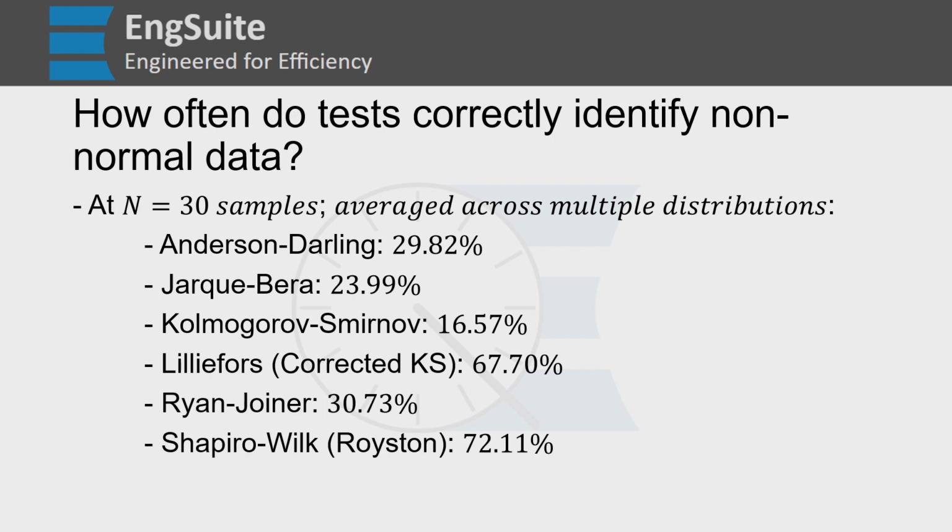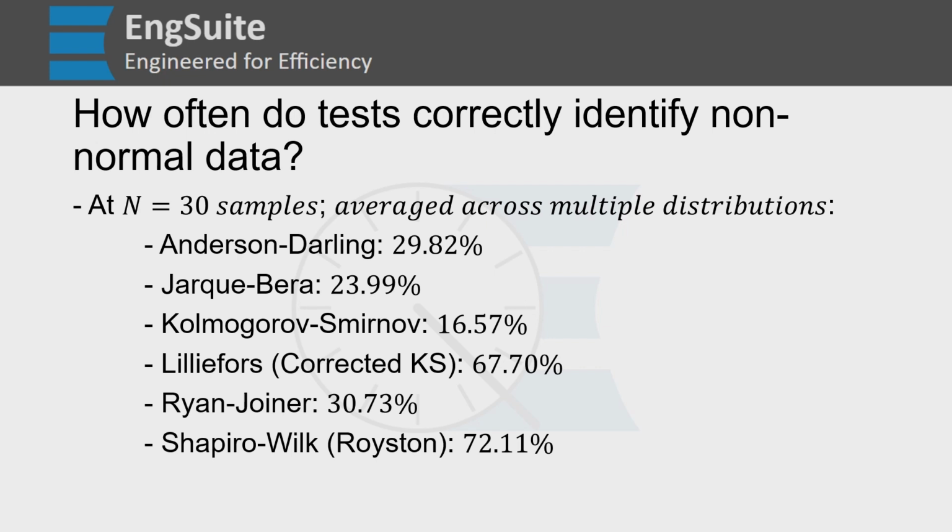That is wild to me. One of the tests that we rely on so heavily at 30 samples. Now, I'm not railing on Anderson and Darling. Like I said, the whole goal of a normality test is to find out if the data is normal enough to trust our capability, not to determine did this come from a normal distribution. As engineers, we just care, is it normal enough?